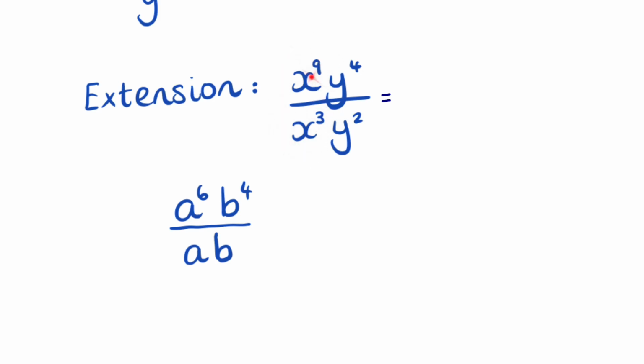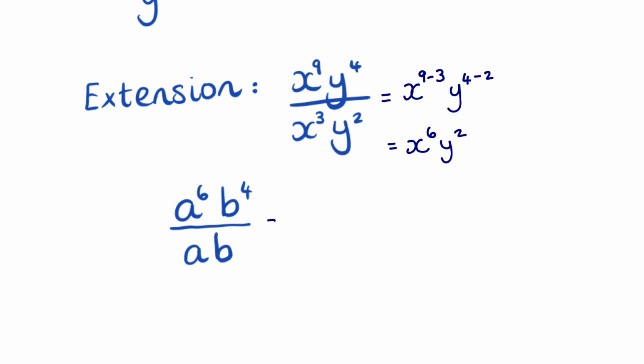So x to the power 9 over x to the power 3, or x to the power 9 divided by x to the power 3. We're going to take away those powers. And then we've got y, and it's y to the power 4 divided by y squared. So we're going to subtract. So our answer there is x to the power 6 y squared.